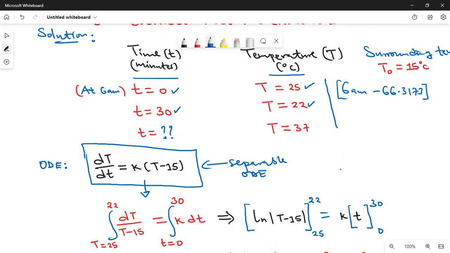So this is the same as 0600 hours minus 66.3173. You see, 66 is almost 1 hour back and some 6 minutes. So that means it's the same as 5 a.m. minus 6.3173 minutes. So 6 minutes just before 5 a.m.